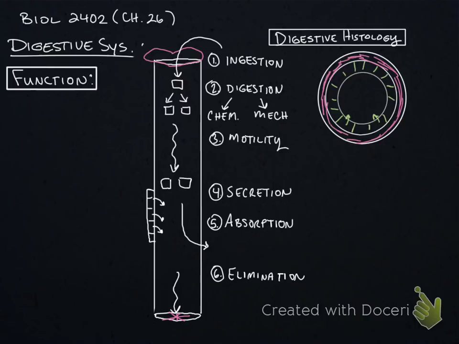And then we have a layer of mucus that lubricates the food and also protects the lining of the digestive tract. So again, this is just a generalized histology of the digestive system. I know you went into more detail in lab and the specific sections, but we'll look at some of those as we move throughout the chapter.